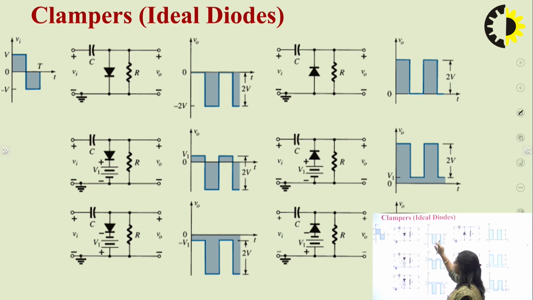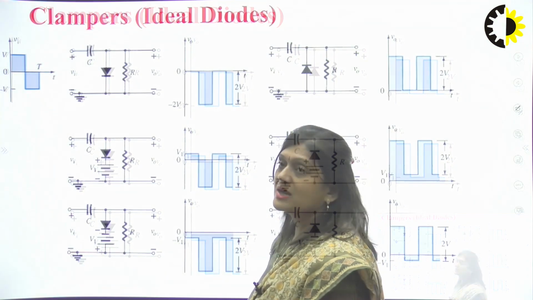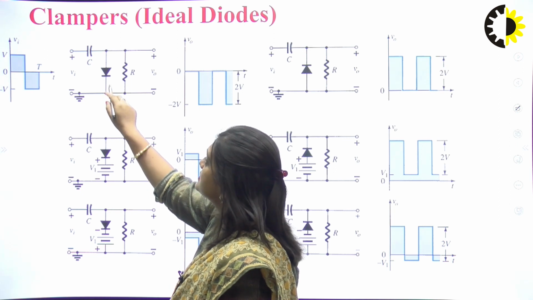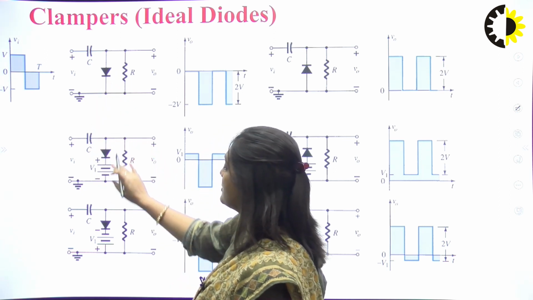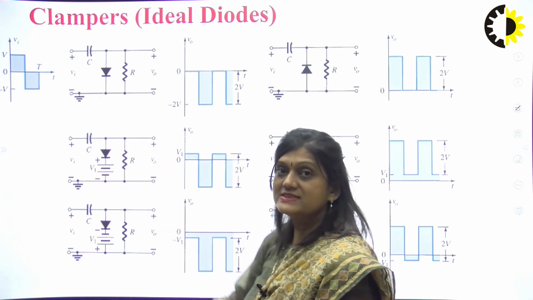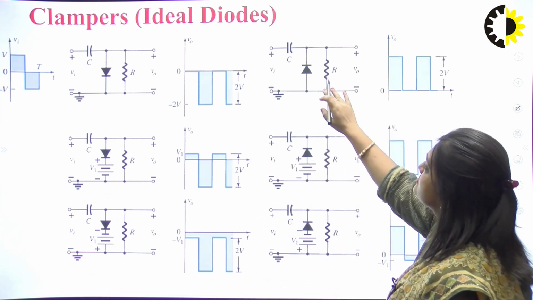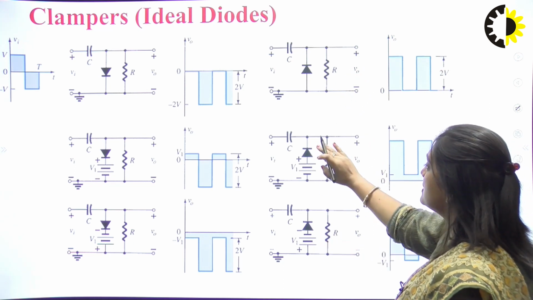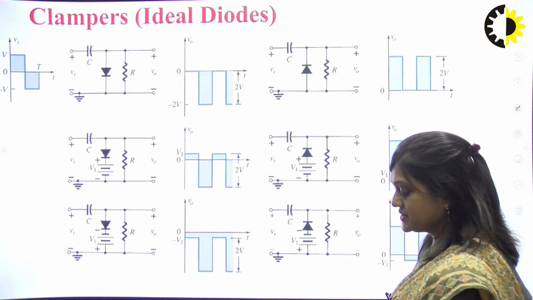This is the case for negative clamping and simple clamping, because we have not used any supply here. All these other circuits are biased clampers. This is also simple positive clamping, and these two are the biased positive clamper circuits.